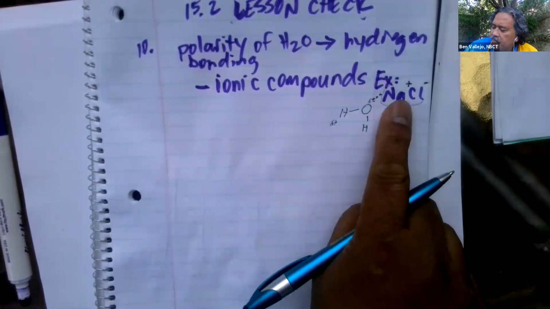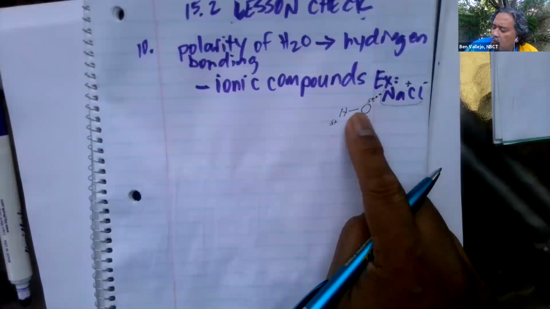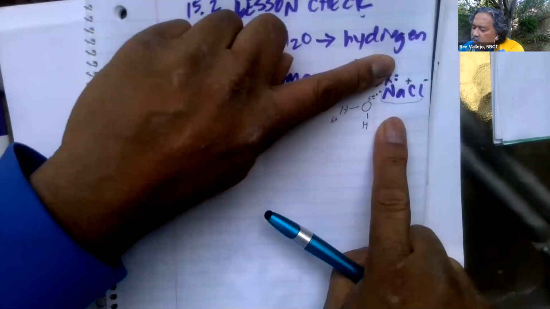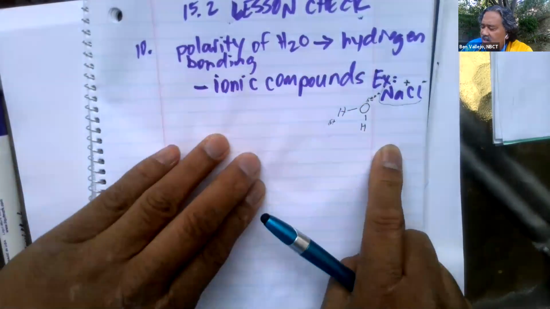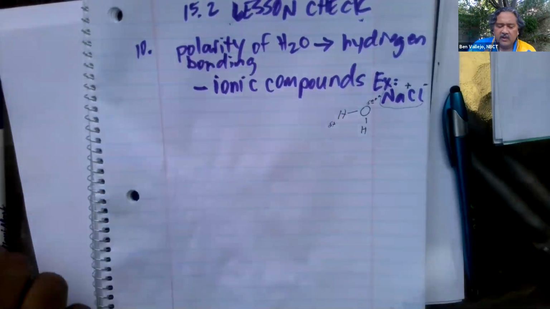And that attraction is the hydrogen bond. And so because now this guy is going to be pulled by this water molecule, and then many other water molecules are surrounding this, the sodium is going to get pulled apart from that chlorine. So that's an ionic compound.